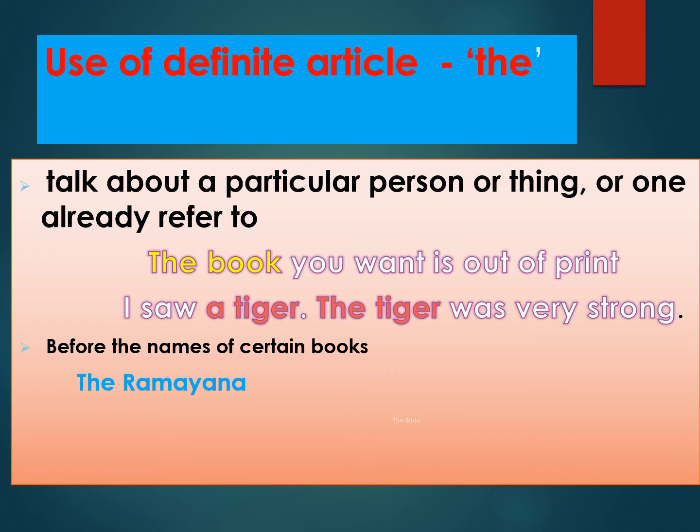The Ramayana. The Bible. The Quran. So before the names of certain books, we can use the definite article the.